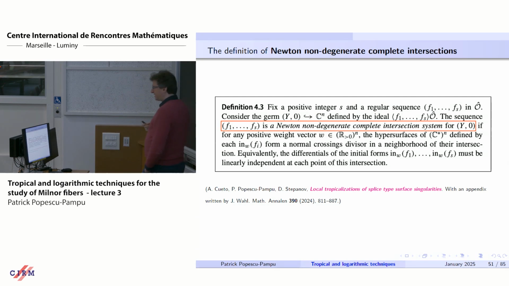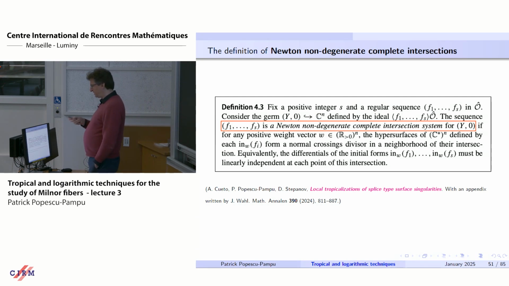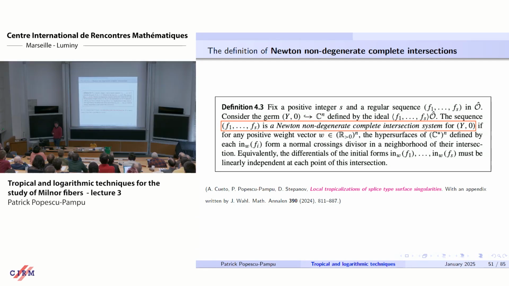And now we say that it is a Newton non-degenerate complete intersection, which follows, in fact, Khovansky's definition, except that Khovansky did not ask the first one about regularity, if for any positive weight vector W, we look at the initial forms with respect to W of those functions, and now we look at the hypersurfaces defined by them in the complex torus, C star to the n, in the neighborhood of the intersection, we should see a normal crossings divisor.